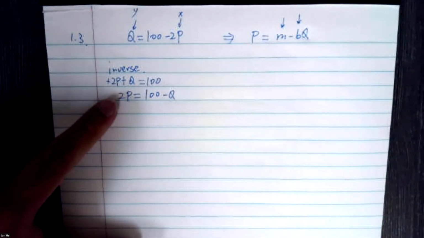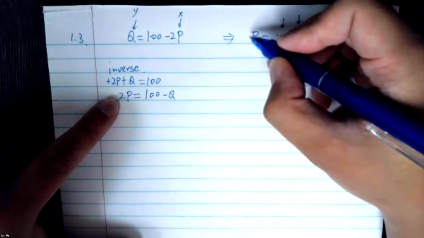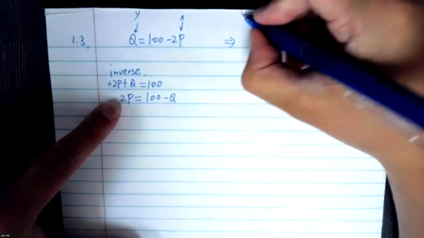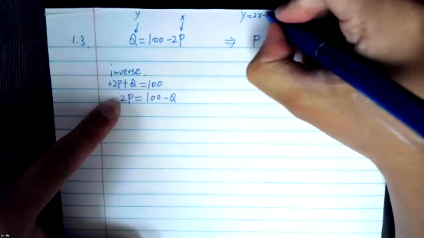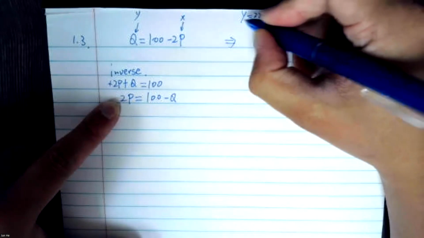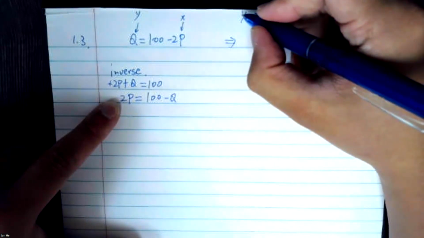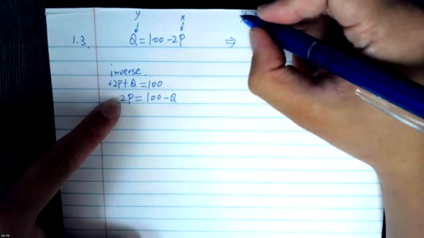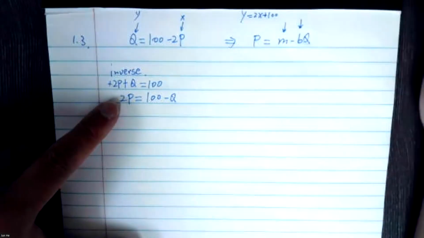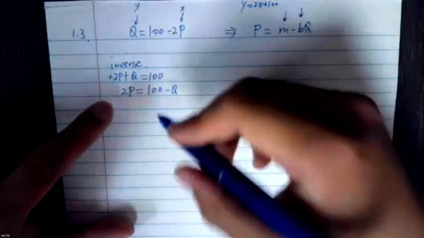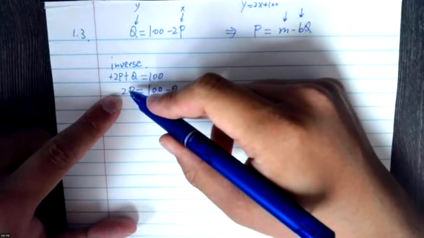Is that all? No. The coefficient of P should be 1 so that we can omit it. It should be like Y equals 2X plus 100 or 100 plus 2X, right? The number before Y should always be considered as a default, which is 1, so that we can omit it. So here, how do we make the coefficient to be 1?